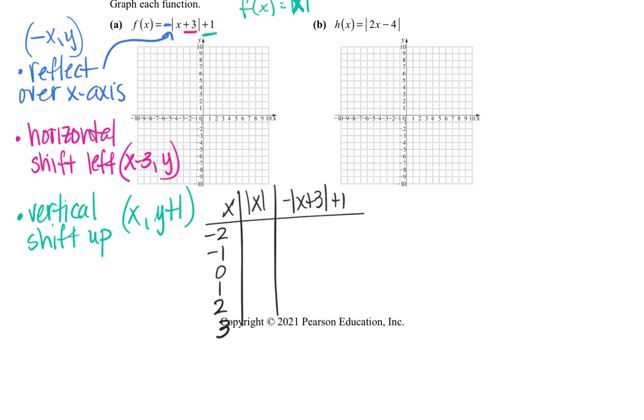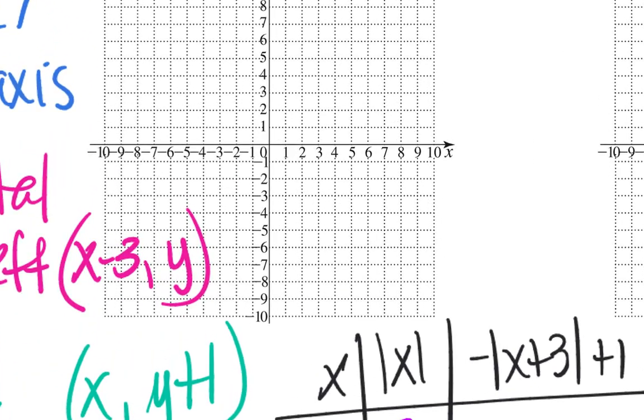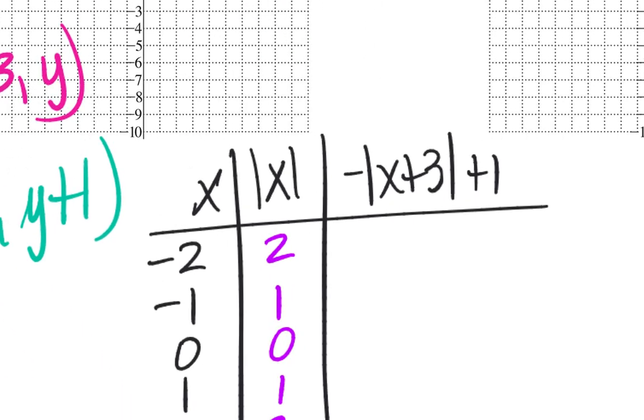First, we've got negative 2, negative 1, 0, 1, 2, 3. So I'm going to graph that. I'm going to enlarge this a little bit so I can see it better. Negative 2, 2; negative 1, 1; 0, 0; 1, 1; 2, 2; 3, 3. I've gotten comfortable with that one. It's kind of repetitious.